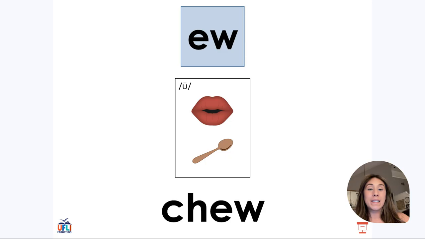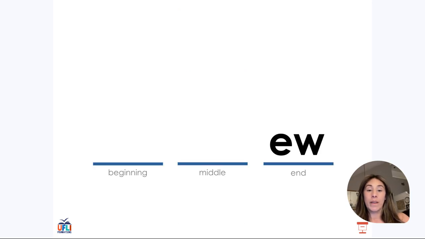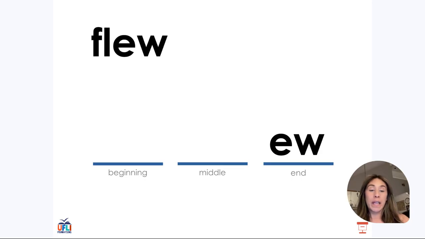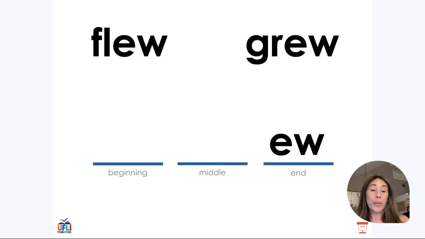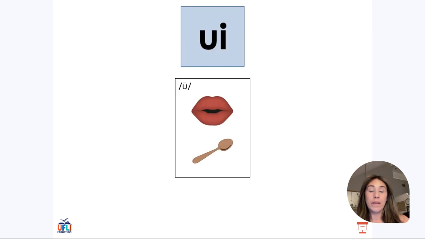So you'll see EW in words like chew. EW can be found at the end of a word, like in flew or grew. We also talked about UI, which can also make the long U sound, like ooh, as in spoon. So far we have 3.